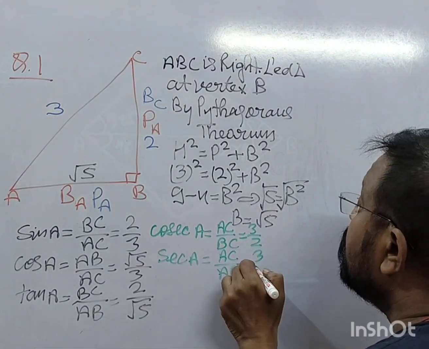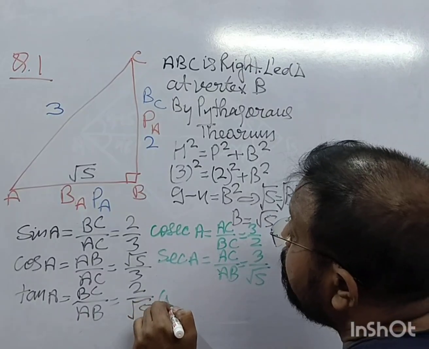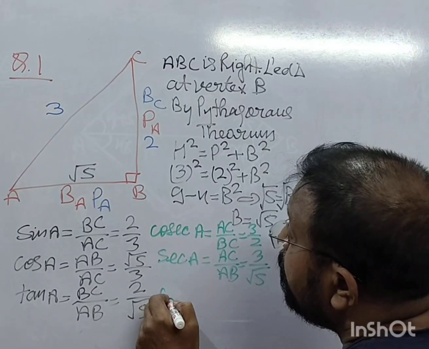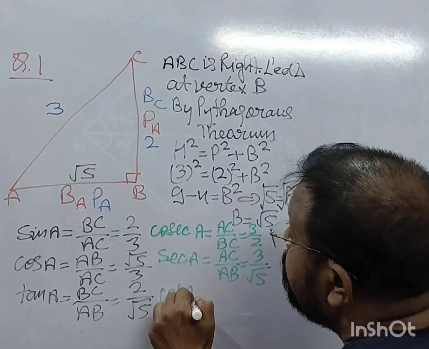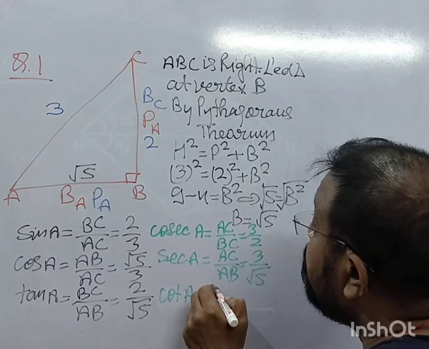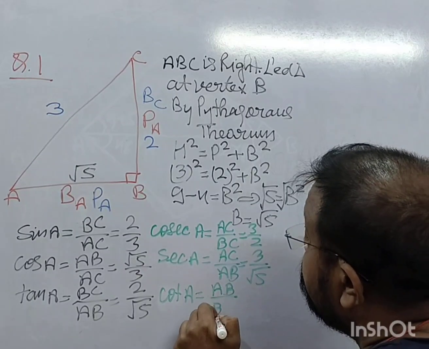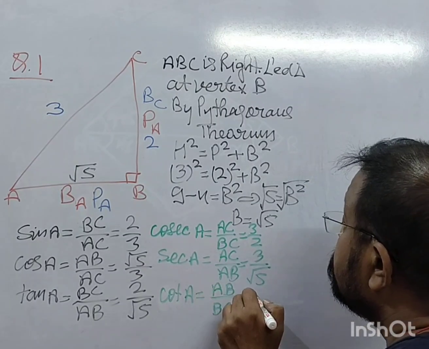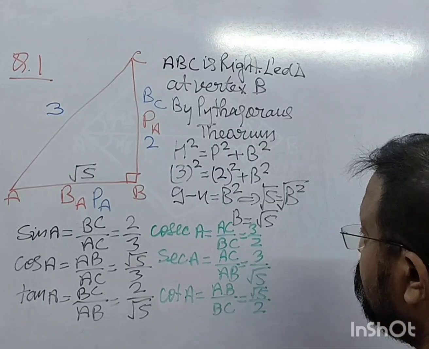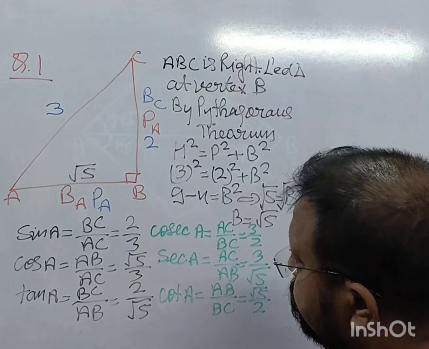And cot A is equal to AB upon BC. So root 5 upon 2. You get this? This is for A.